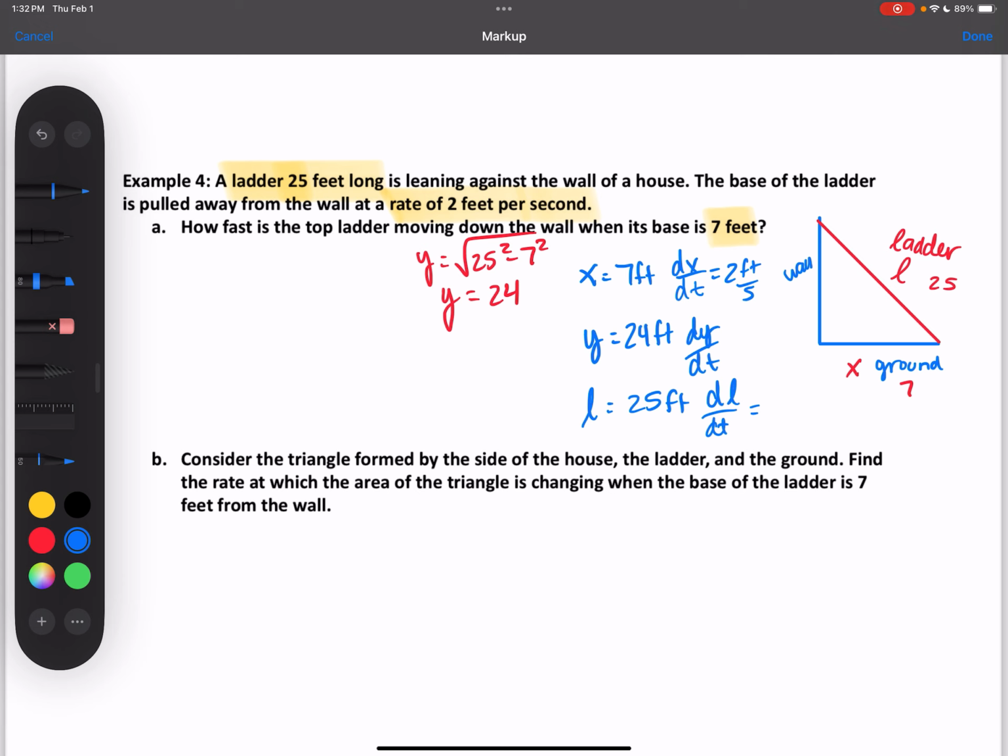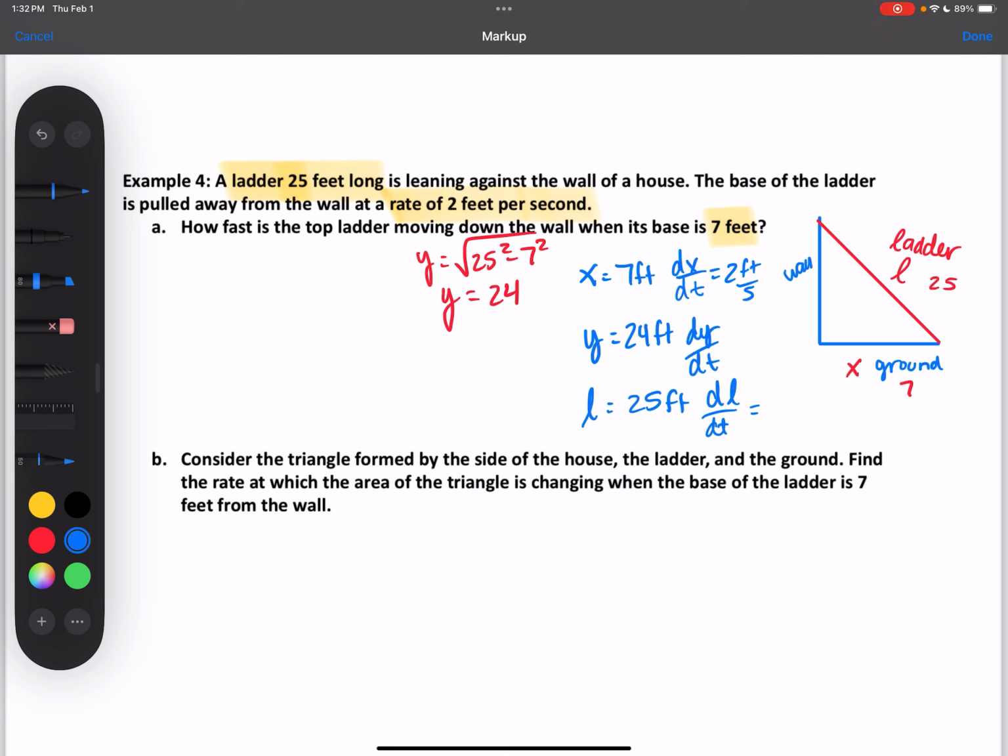I have 2 unknown values still, correct? Yeah, sadly. But do we actually need them? That's the question. Can the length of the ladder change? No. Good answer.